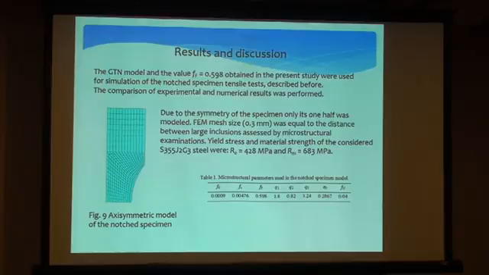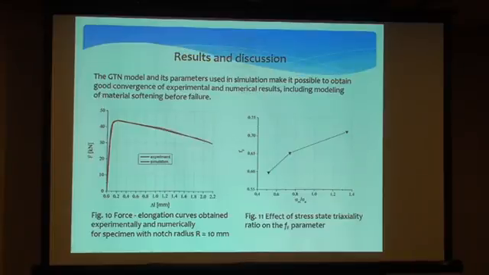The GTN model was used. Here we have some parameters of the model. Some of them were derived from the literature. Some of them were measured by me. And in the next picture, we can see the experimental and numerical results.